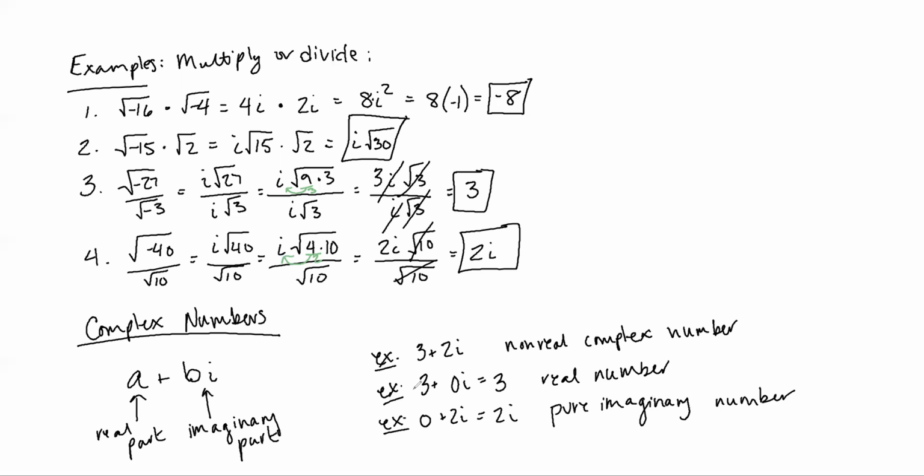All right, so now we're going to be doing some different operations with complex numbers. And these should be really familiar because these are all similar to what we do with variables. So first thing we're going to do is add and subtract them.